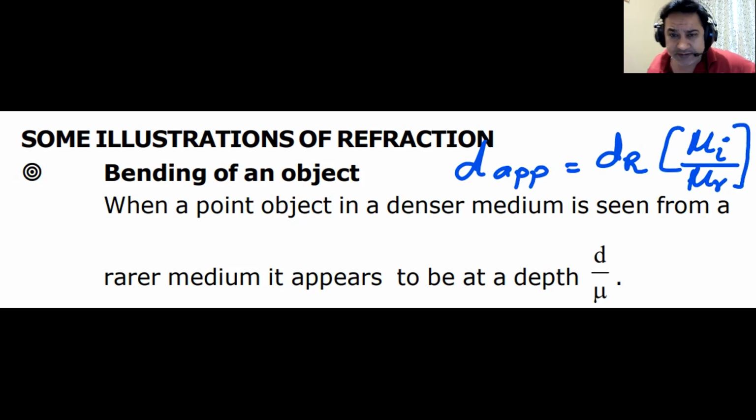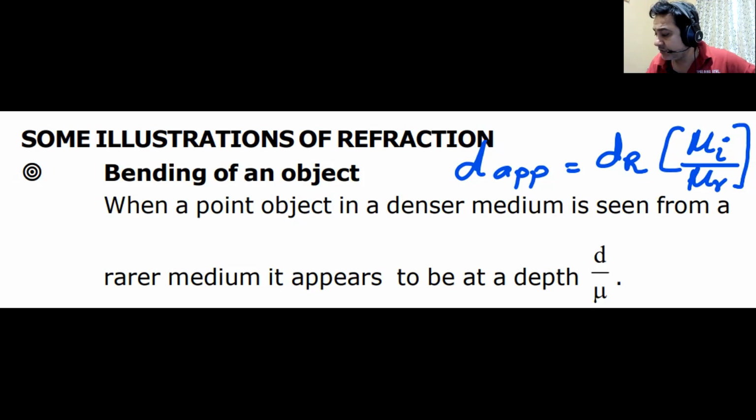You can also apply this formula here. I told you that this formula is applicable, the universal formula, whether the ray of light is going from rarer medium to denser medium, or it is coming from denser medium to rarer medium. Do we remember this? Yes, sir.